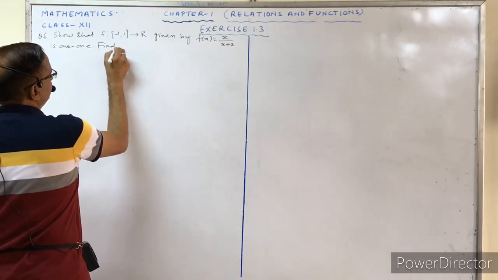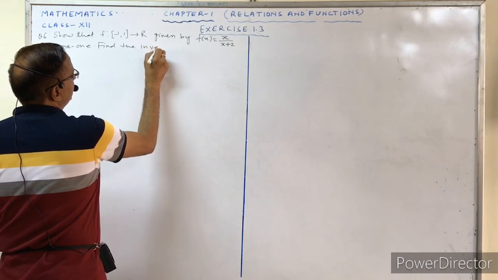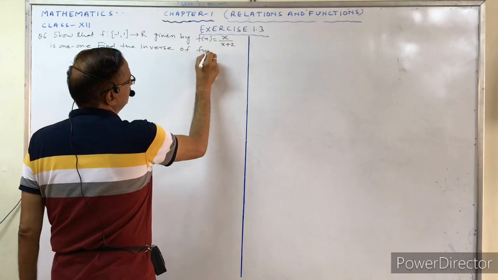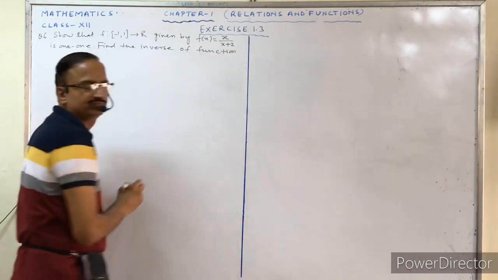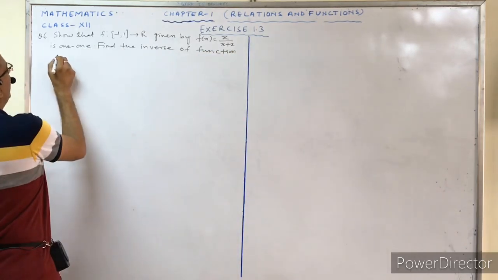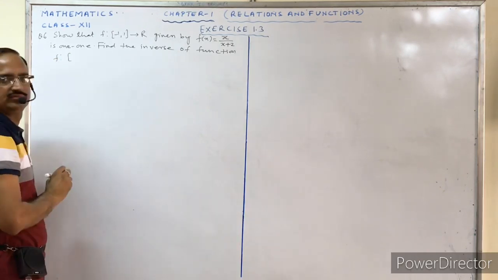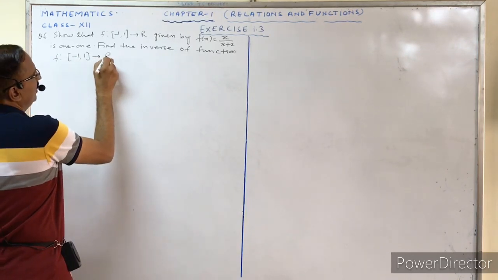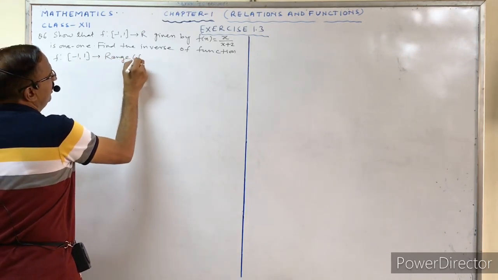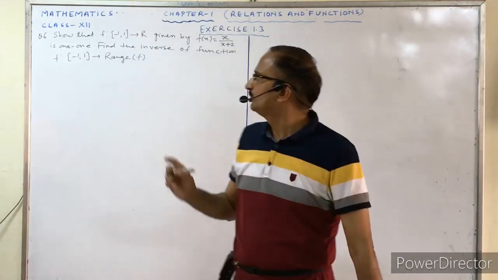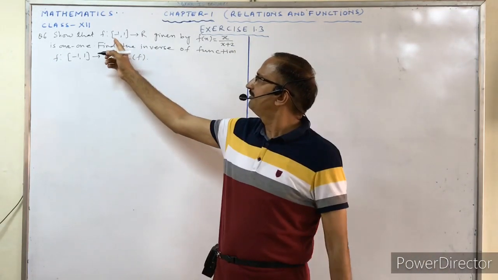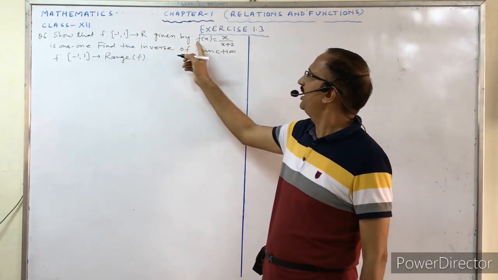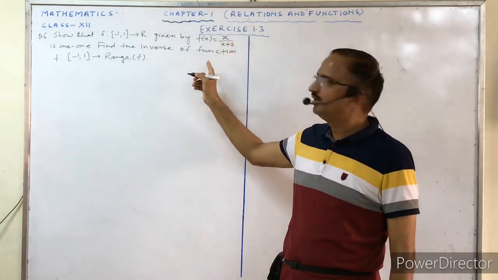Find the inverse of the function f: [-1, 1] to range of f. Show that the function defined from [-1, 1] to real numbers given by f(x) = x/(x+2) is one-one.